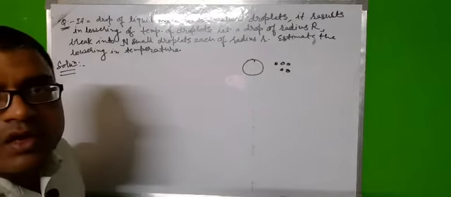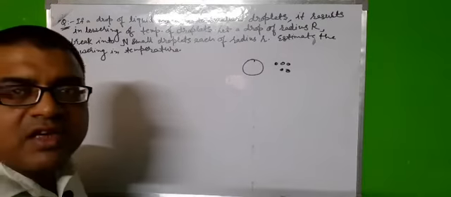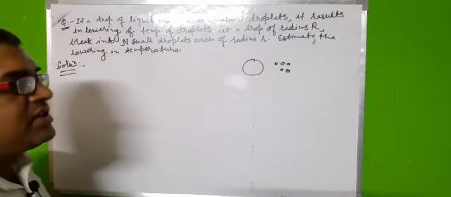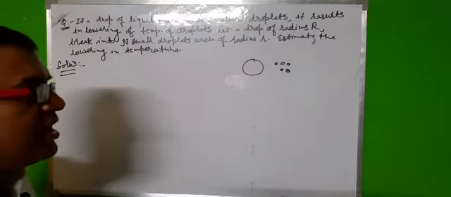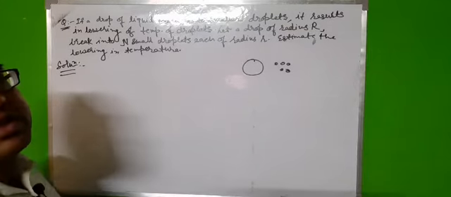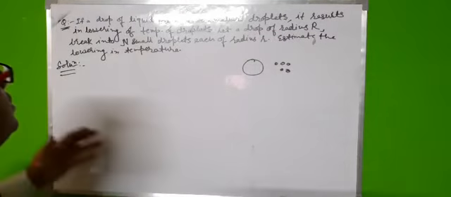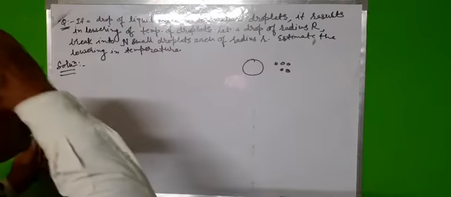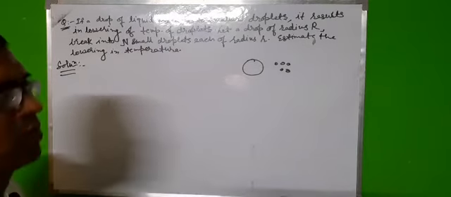Since it is going to break down into smaller drops, obviously its surface area will increase, and as you know, increase in surface area increases the surface energy, and decrease in surface area decreases the surface energy. So the temperature will be lowered.